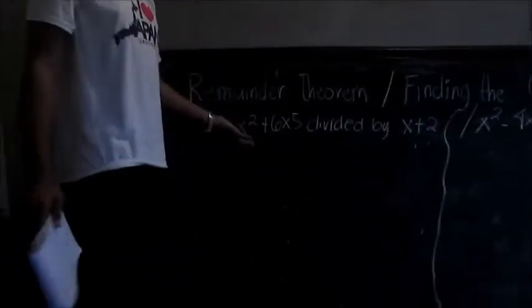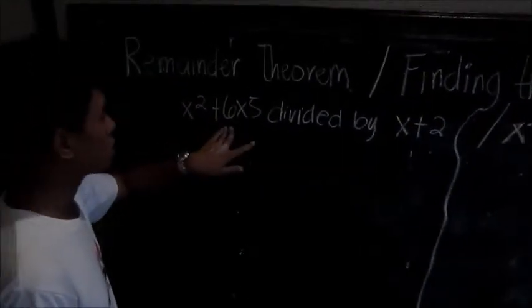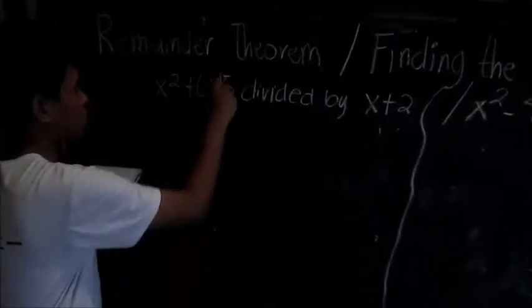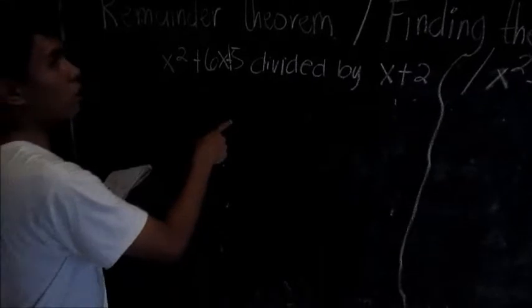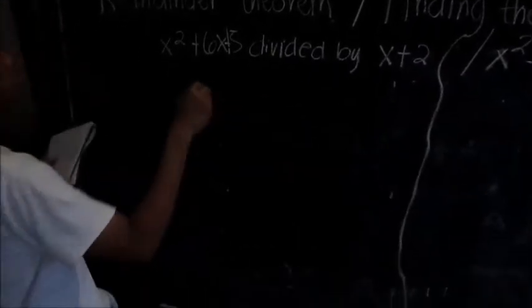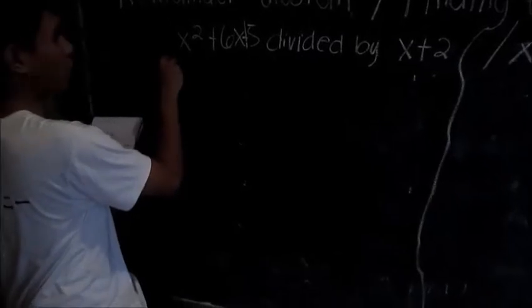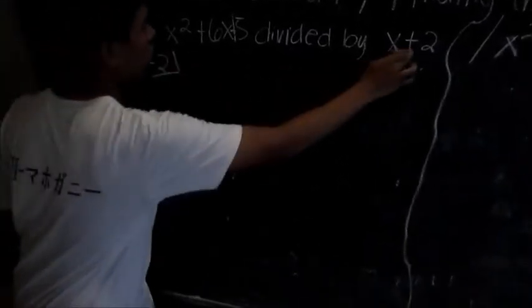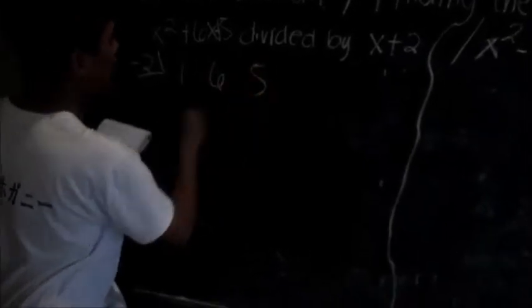So we're moving on to remainder theorem. We have here the equation x squared plus 6x plus 5 divided by x plus 2. We are going to use synthetic division. So negative 2 is the value we substitute. Put 1, 6, and 5.